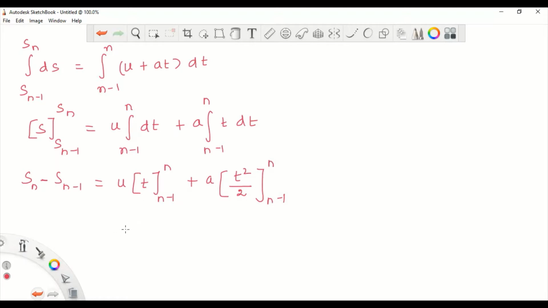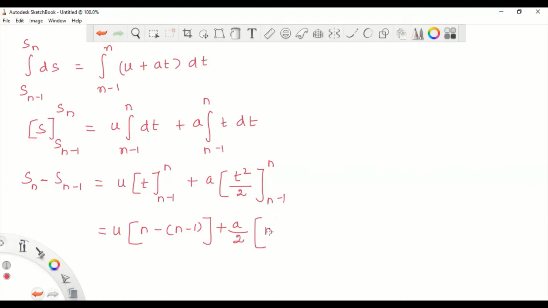So now we are going to substitute the limits here. U, so upper limit is n minus lower limit is n minus 1. Plus take this 2 also outside the bracket, so a by 2.